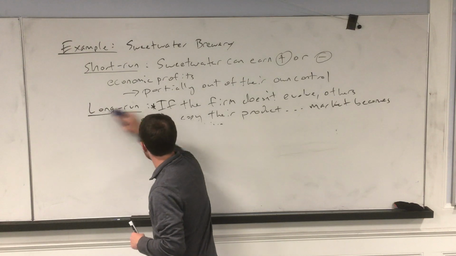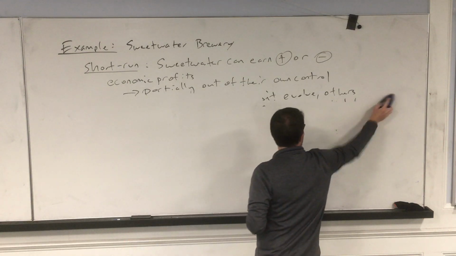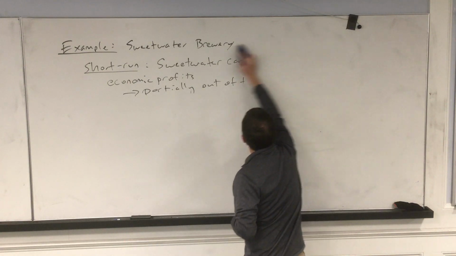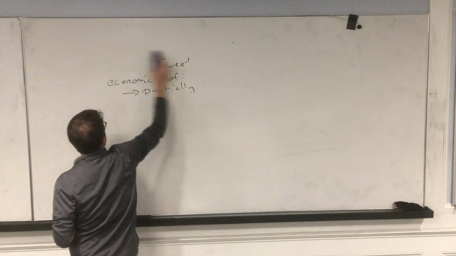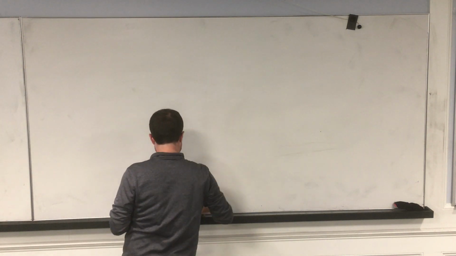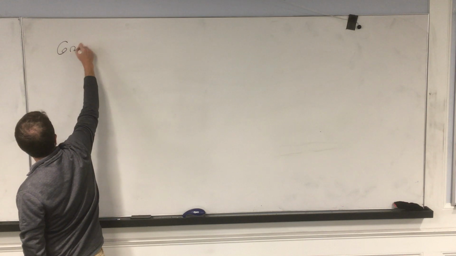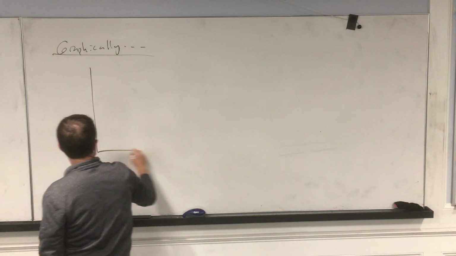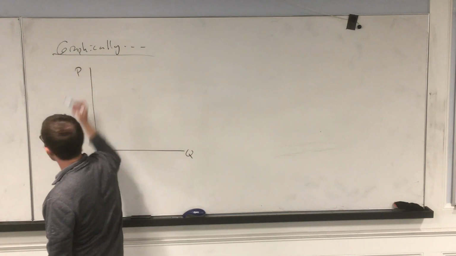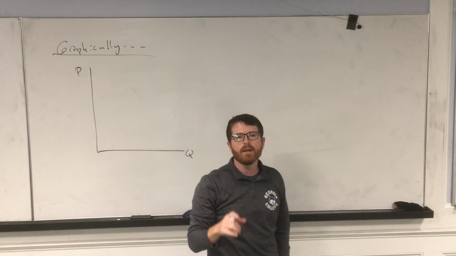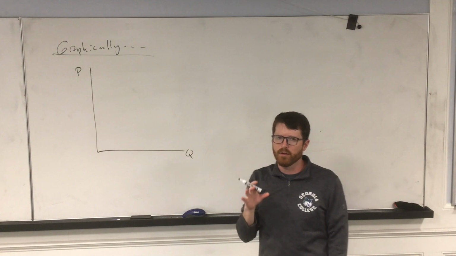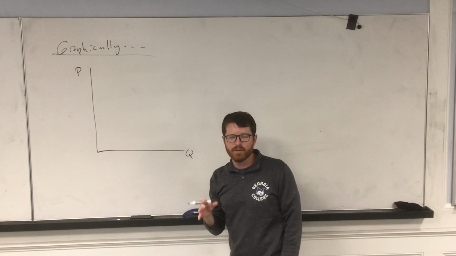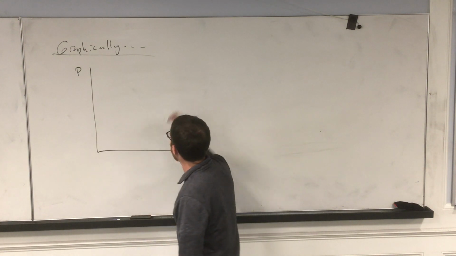Let's think about what it looks like graphically. So graphically, this is what we think it looks like. In a monopolistically competitive firm or market, businesses are selling products that are slightly different. So what that means is they have some market power.